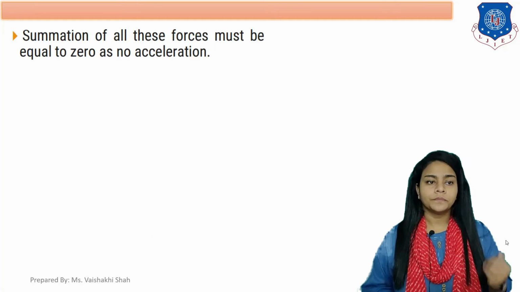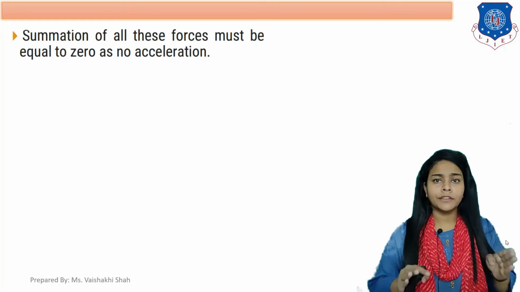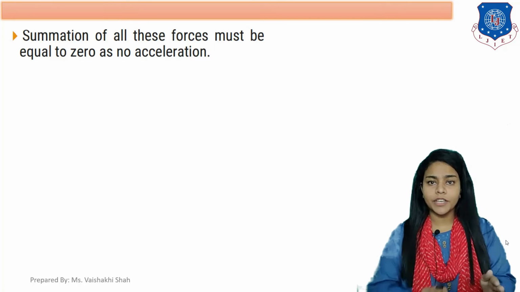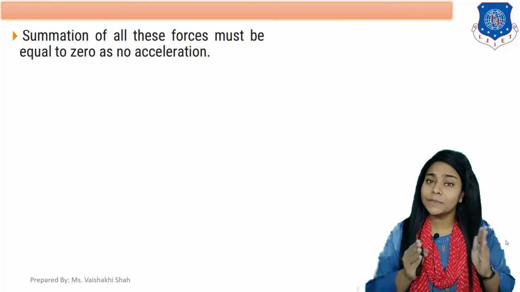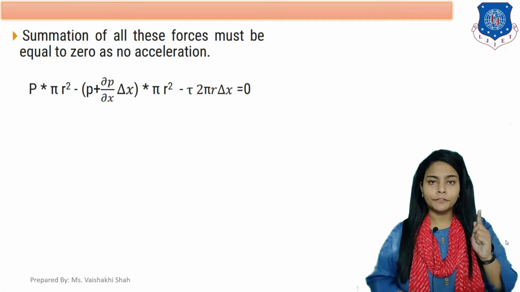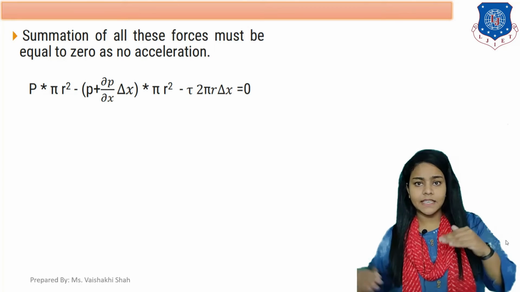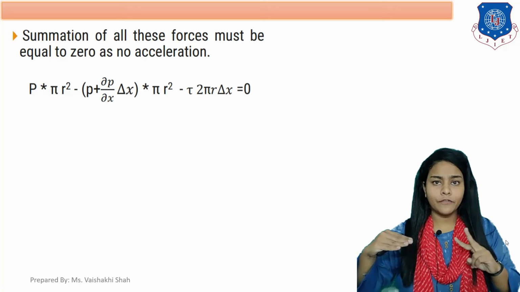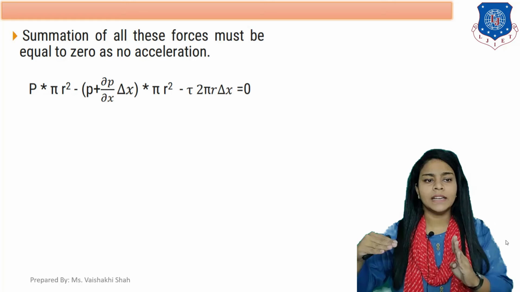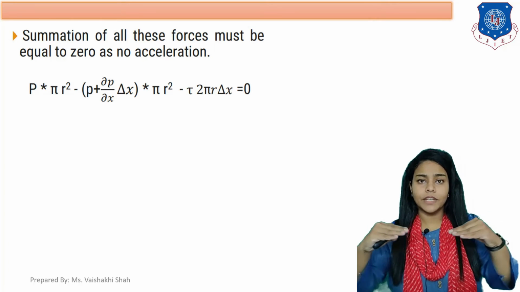Now at equilibrium condition, the summation of all three forces must be equal to 0. So, taking the summation of all three forces, the first force is P into pi r square in this direction. The second force is P plus del P by del x into delta x, into pi r square on surface CD, which is in the opposite direction.